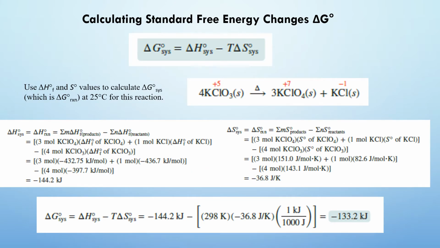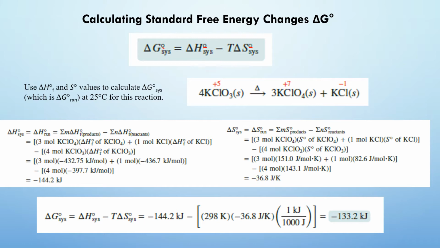Like the other two thermodynamic terms, we can also have a standard state delta G of the system. Here the standard state means that all the reactants are at their most stable form. So in this way, we can have this little circle as a superscript for all three thermodynamic parameters.